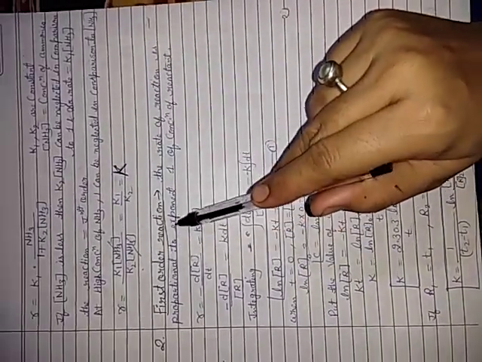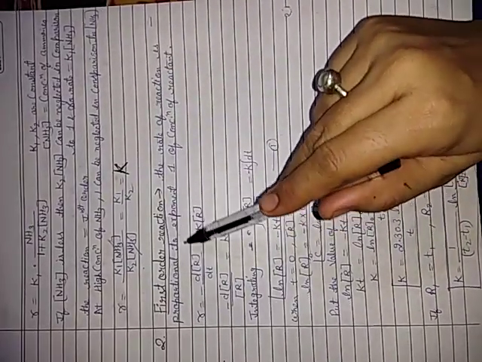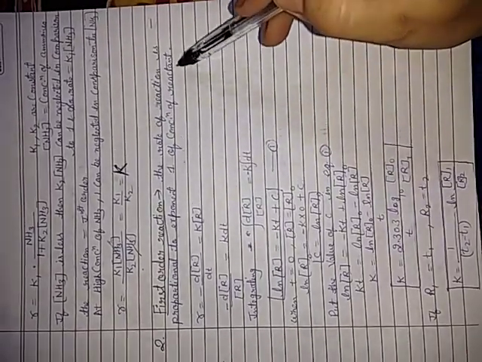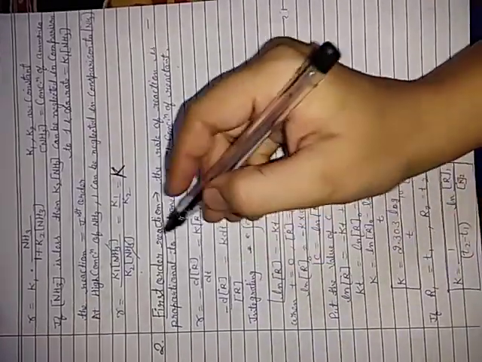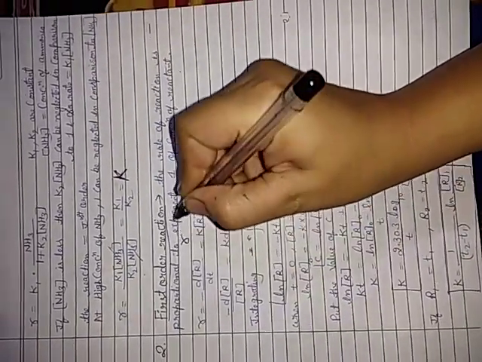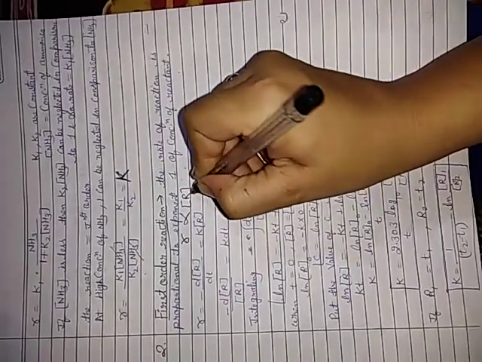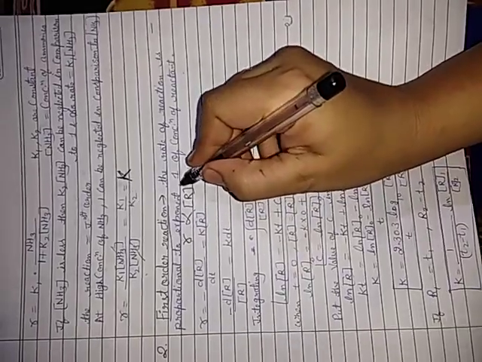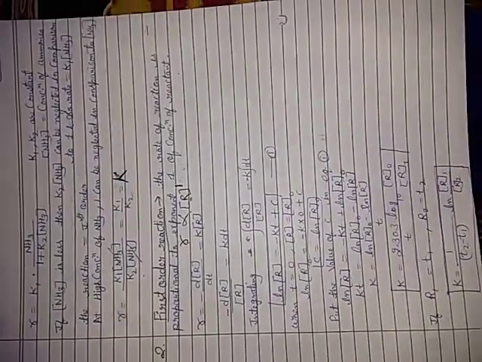Here for the first order reaction, we write that the rate of reaction is directly proportional to exponent 1, that is power 1, of the concentration of the reactant.